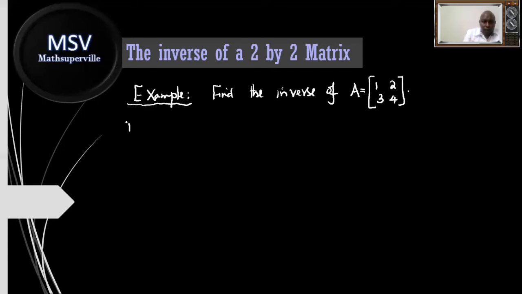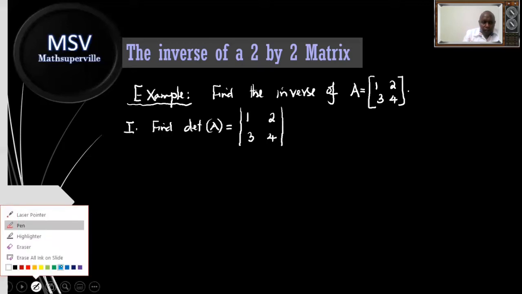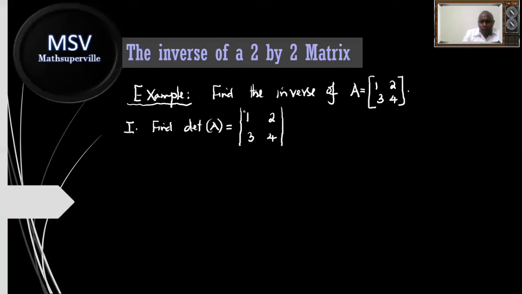So step number 1, find the determinant. So we find the determinant of matrix A, and this consists of writing the elements within 2 vertical bars, and then showing that you're going to multiply the elements on the leading diagonal and subtracting out the product of the elements on the other diagonal.